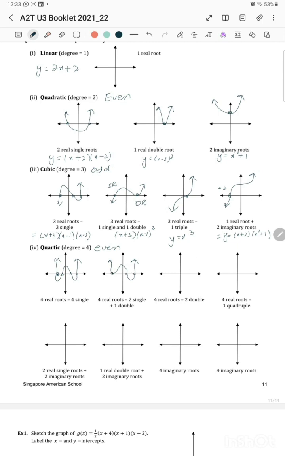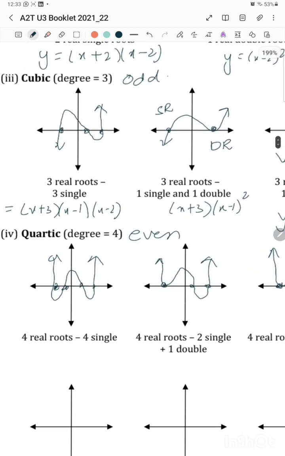Two double. Four real roots, one quartic. Example.